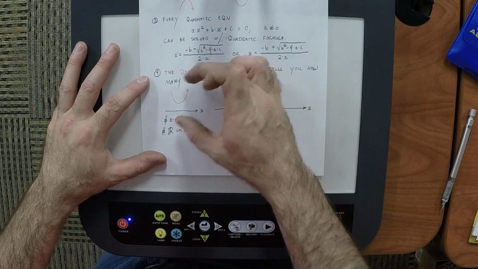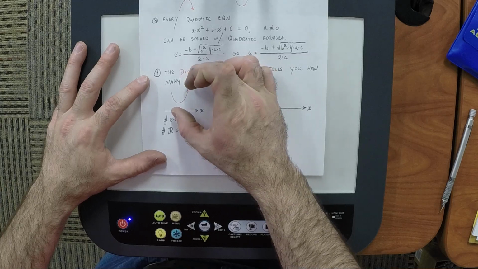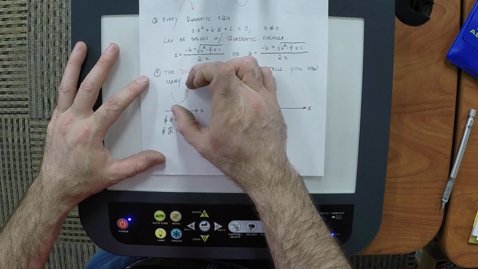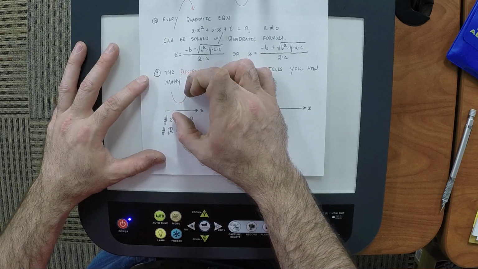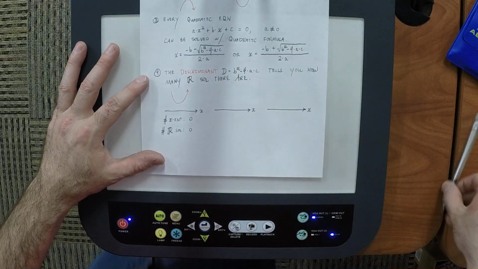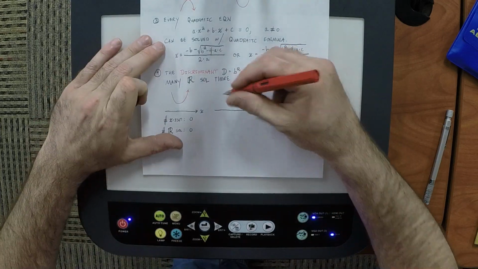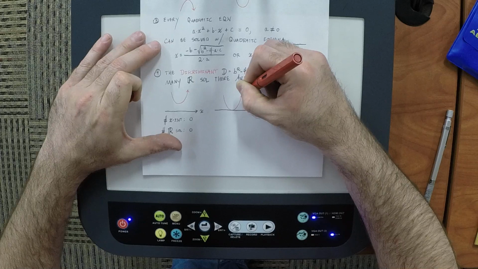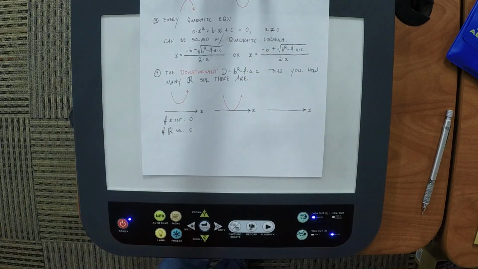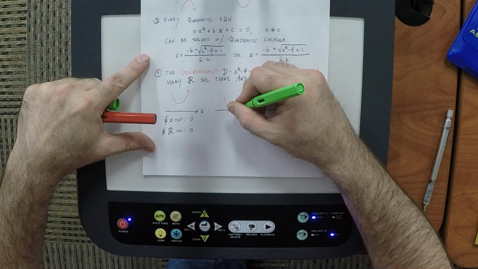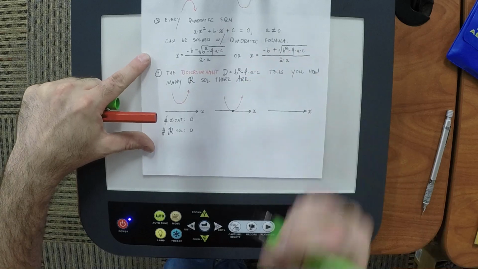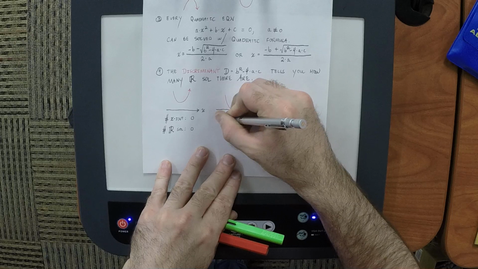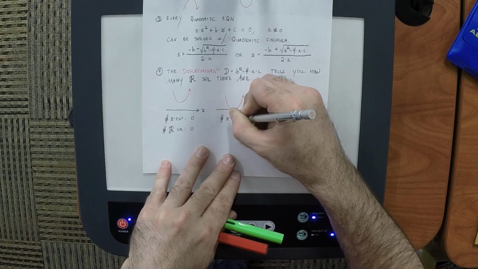Okay, now imagine that I grab that parabola and I can move it around. I'll grab it and pull it down to where it's just sitting on top of that axis. Touching the axis in exactly one spot. Now how many x-intercepts are there? 1.